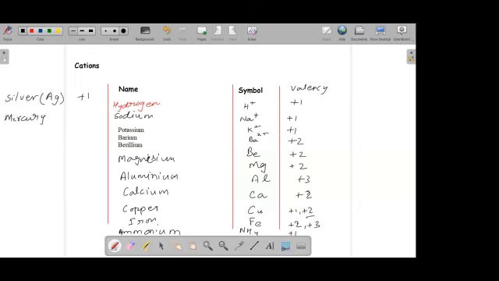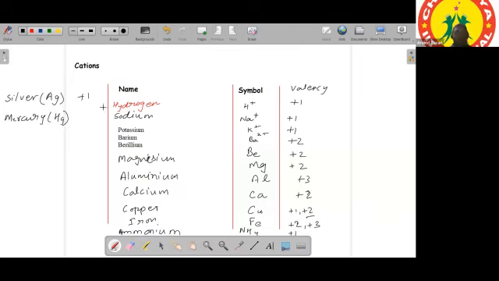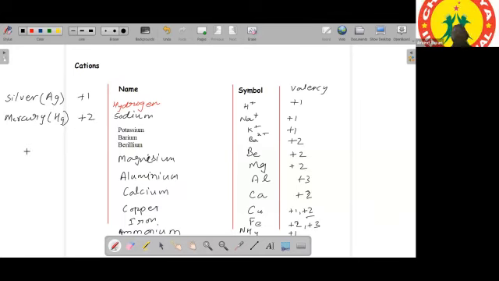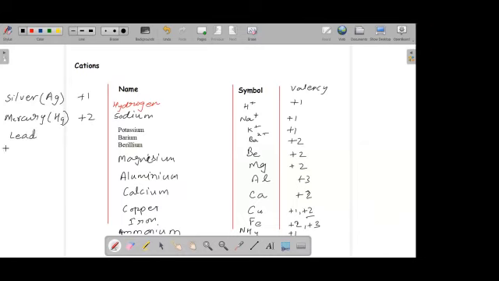Symbol is Hg. Valency +2. Okay. Valency is +2. Then what about lead? Pb. Pb, valency.